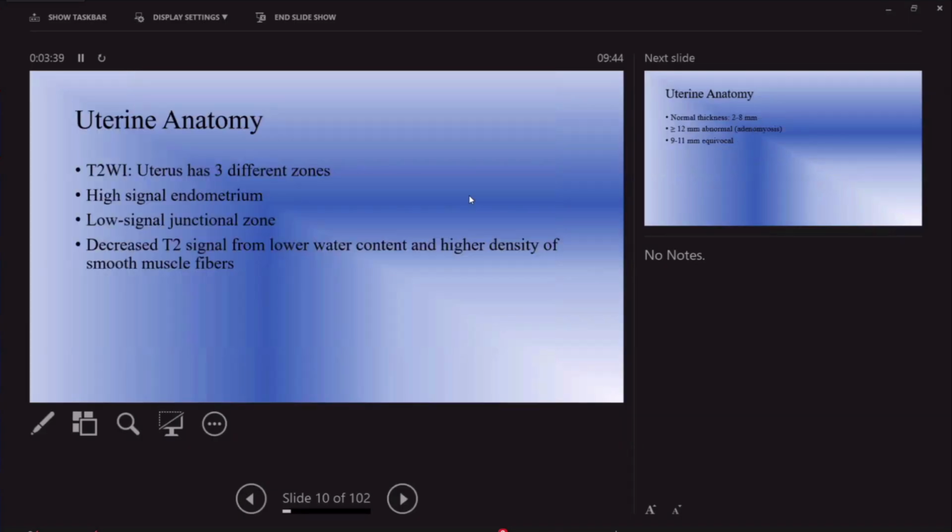So just to summarize quickly, your money sequence, the sequence that you would look at, is the T2 sequence. It has 3 different zones. It has a high signal intensity endometrium, a low signal intensity junctional zone, and then an intermediate signal intensity on T2 for the outer myometrial layer.